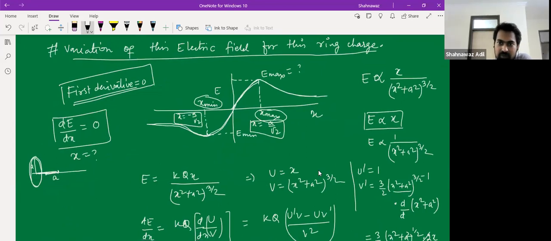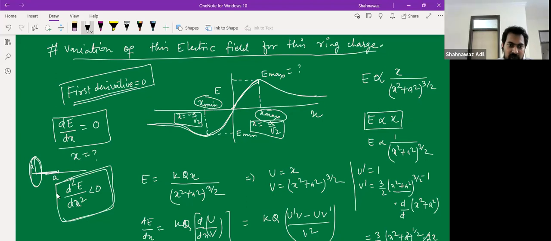Sir, here at a maximum, it should be less than 0, right? The double derivative. No. So this is the maximum value of the electric field. We are calculating the maximum value of the function. We are not calculating the double derivative, right? Yes, of course, this would be negative for the maximum. But from the graph, we can see that this value is the maximum value. We know the graph, right?